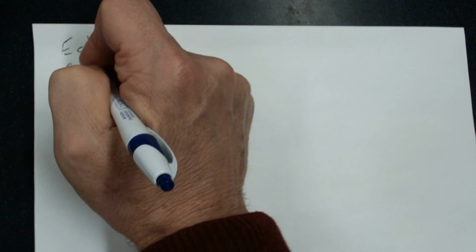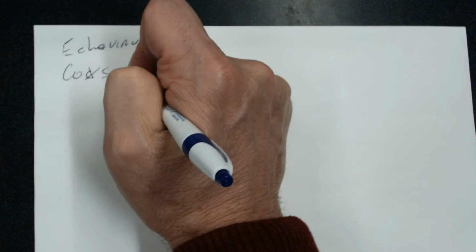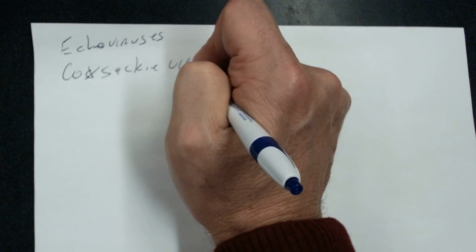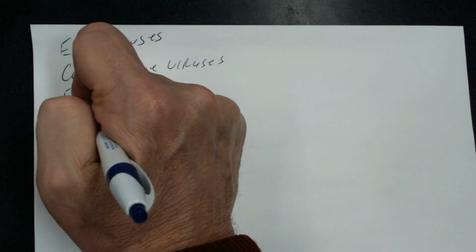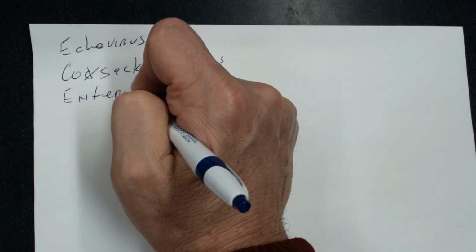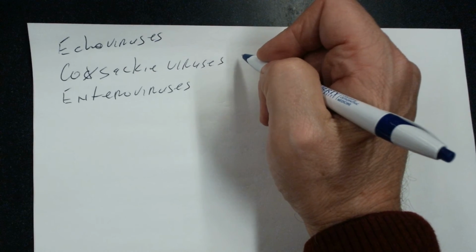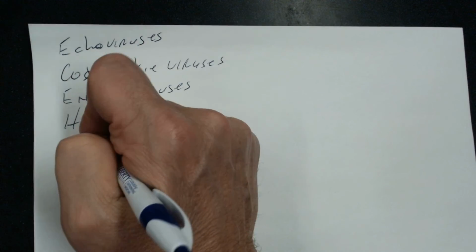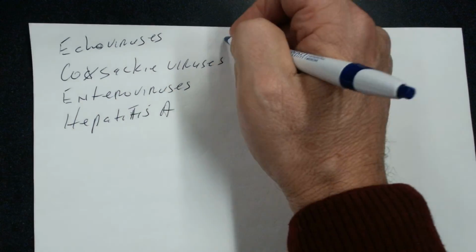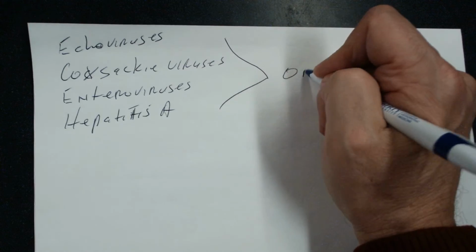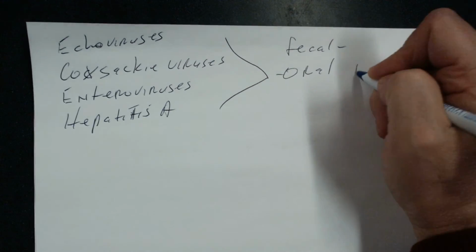There's Coxsackie viruses. There's the enteroviruses. Oh, in that we could throw hepatitis A. All of these are passed by the fecal oral route.